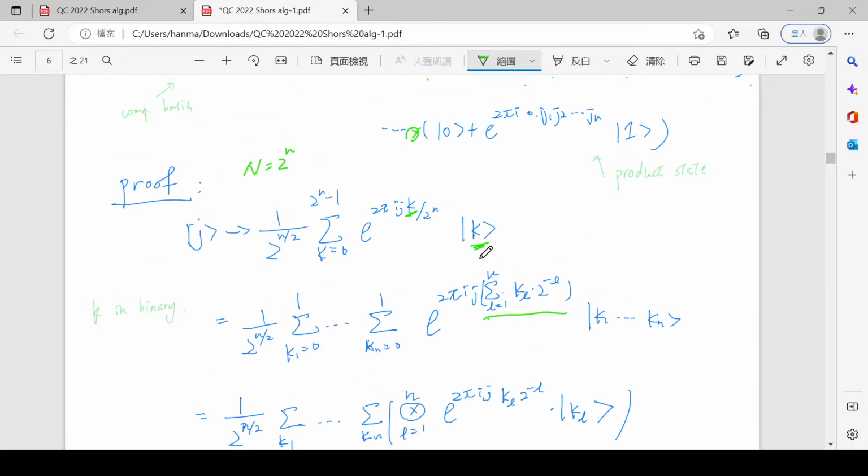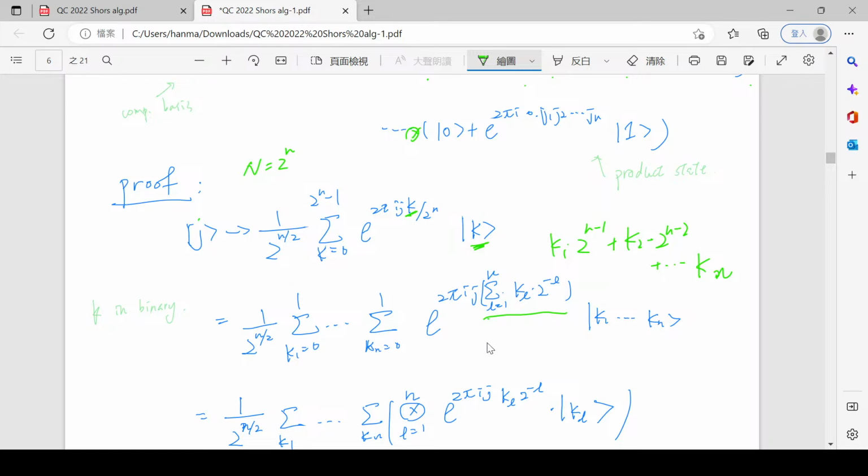So k in binary, then you should have k1 times 2 to the n minus 1 plus k2 times 2 to the n minus 2 plus, and so on, plus kn.